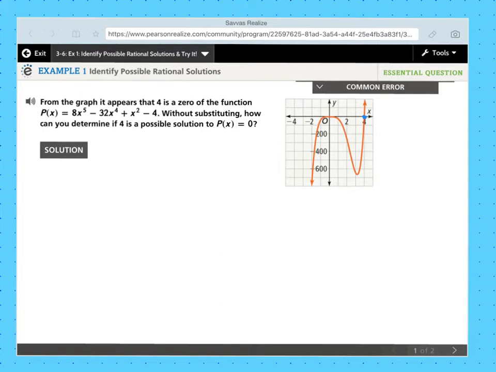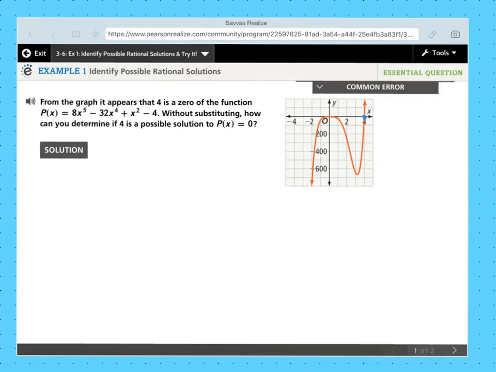And to do that, I need to first figure out my constant term. So the constant term is 4. And my leading coefficient is 8. Okay, now I'm going to have to factor each number.